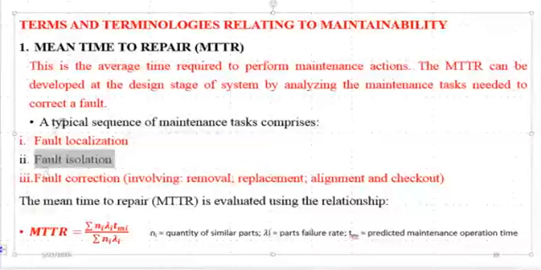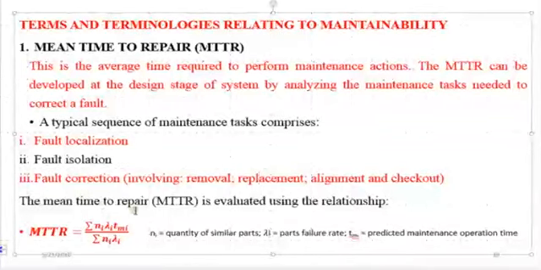Now, after localization and isolation, the next thing to do is correction. And for you to correct the fault, you do the removal of the component if it entails that, you do the replacement of the component if it requires that, you do the alignment, and then you do the check out to make sure that everything is done before you recouple your system.